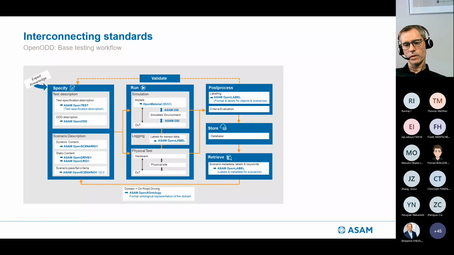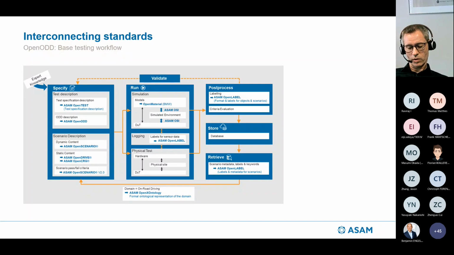I mean, we see here OpenTest, OpenODD, OpenDrive, OpenCRG, OpenScenario, OpenMaterial, which is by BMW, OpenLabel, and OpenX Ontology, which are a lot of standards just to be integrated into a validation.